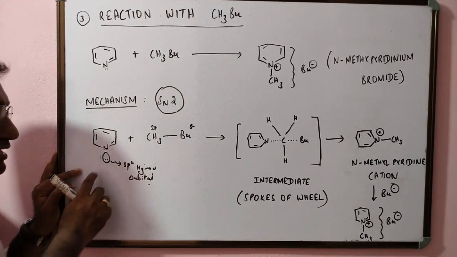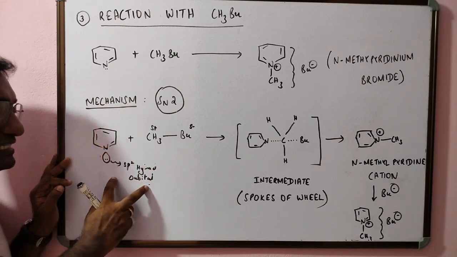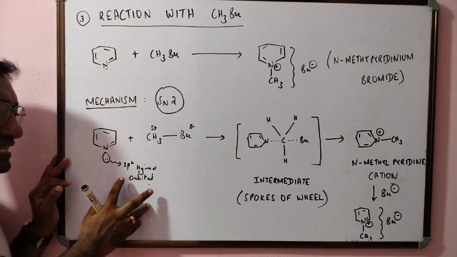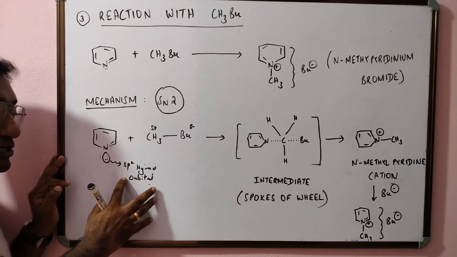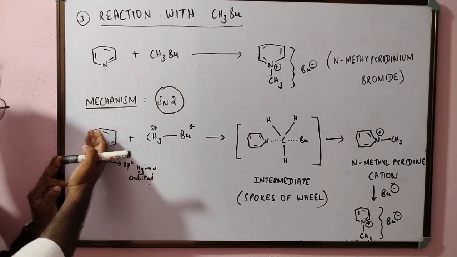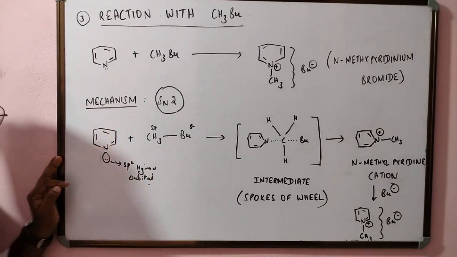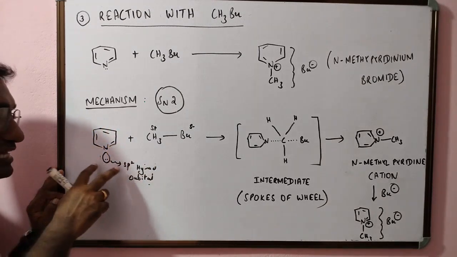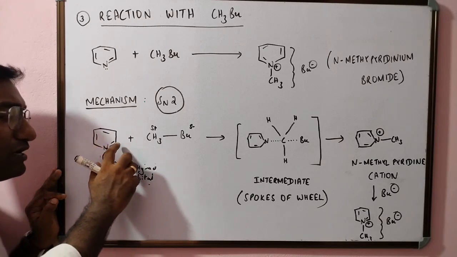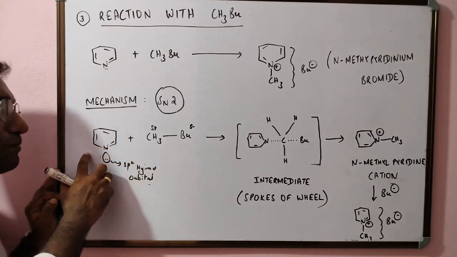As for pyridine, the lone pair of electrons on the nitrogen of the pyridine ring is in its sp2 hybrid orbital. Because the lone pair of electrons is in the sp2 hybrid orbital, it doesn't take part in delocalization of electrons or in the aromaticity of the pyridine ring. This is because the sp2 hybrid orbital is in a plane that is perpendicular to the plane of the unhybridized pz orbital.